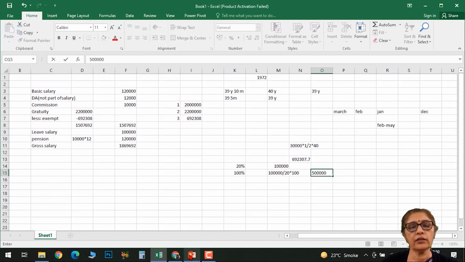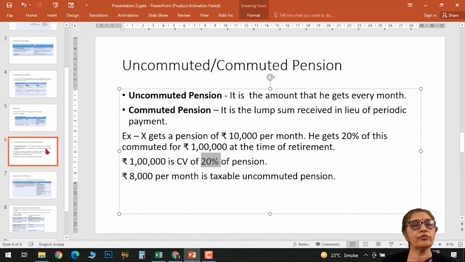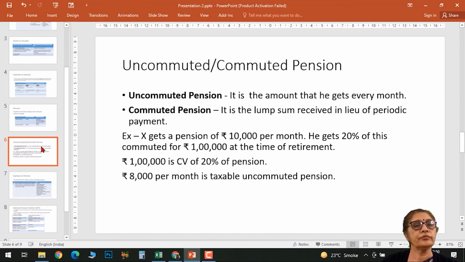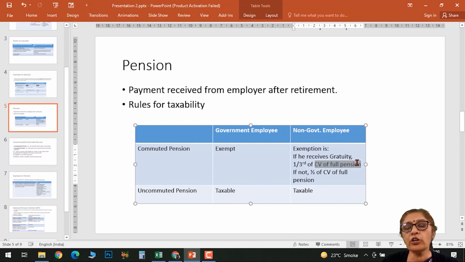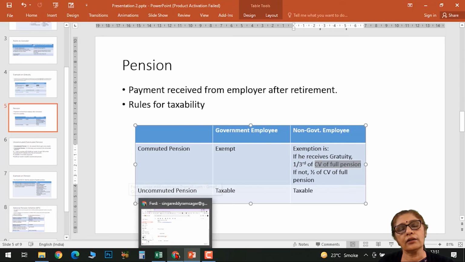So one, we need to find the commuted value of full pension. And of that commuted value of full pension, exemption would be either 1/3 or half. Half if you are not getting gratuity, 1/3 if you are getting gratuity.